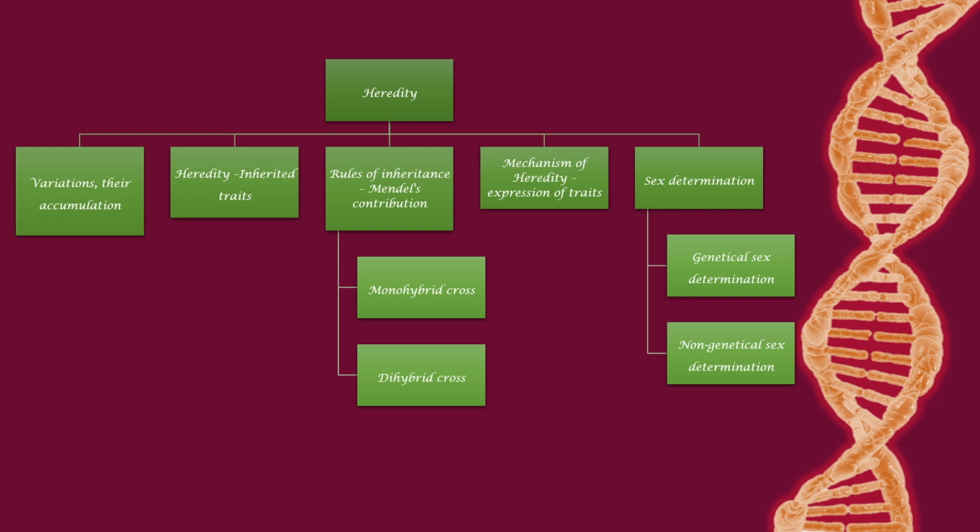Then, mechanism of heredity, how the traits get expressed, the expression of traits. Then, sex determination. There are two different types of sex determinations. One, genetical sex determination that depends upon the composition of the chromosomes. Two, non-genetical sex determination where the sex is determined by external factors other than the genetics. So these are the things that we discussed, right?